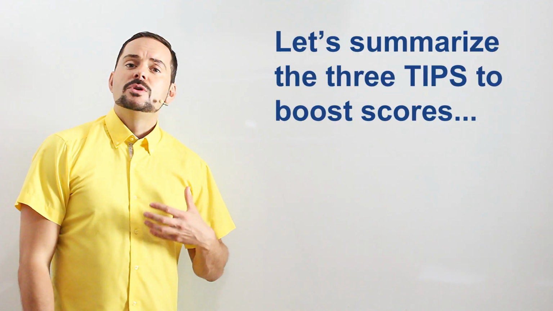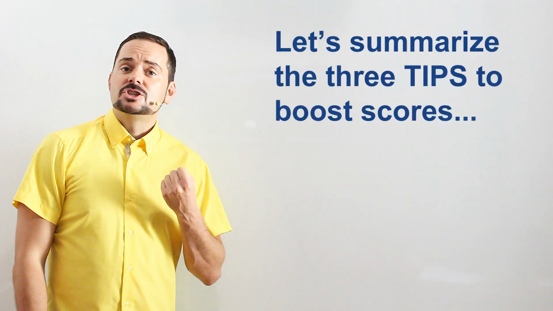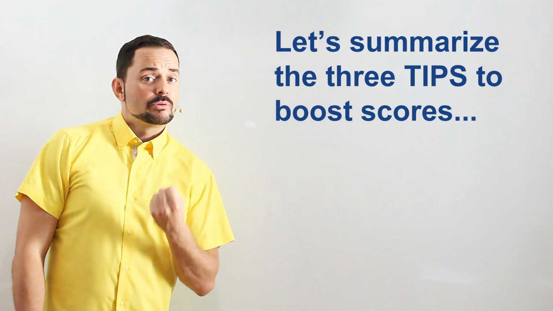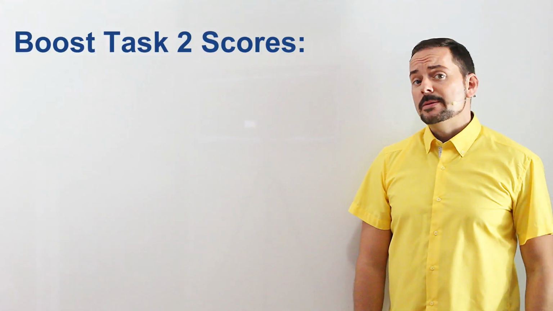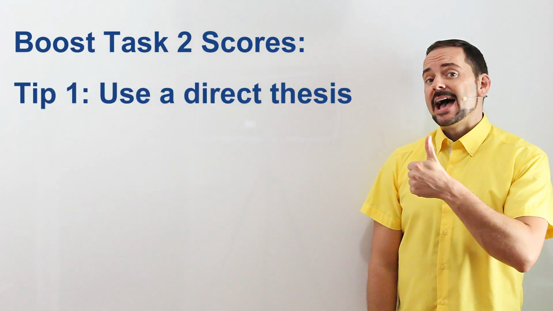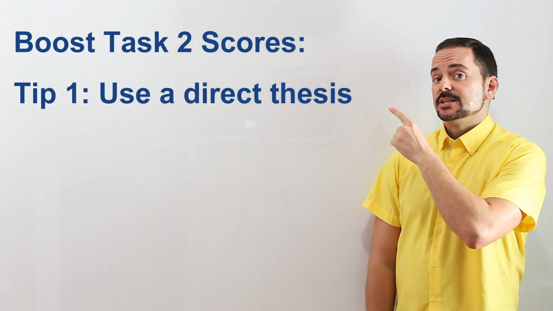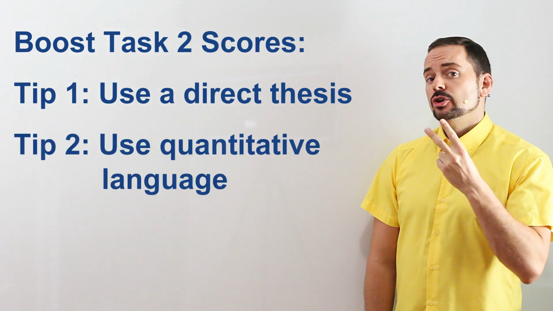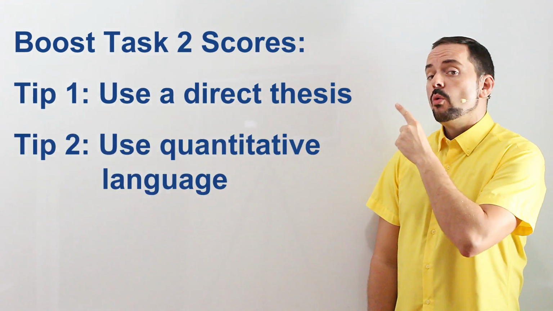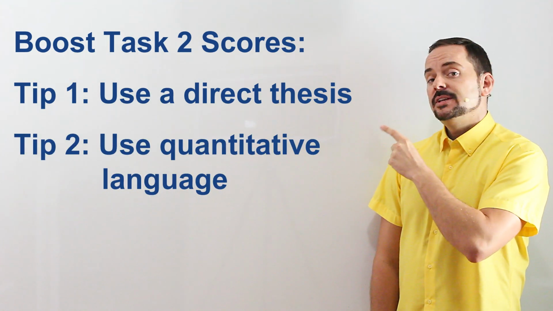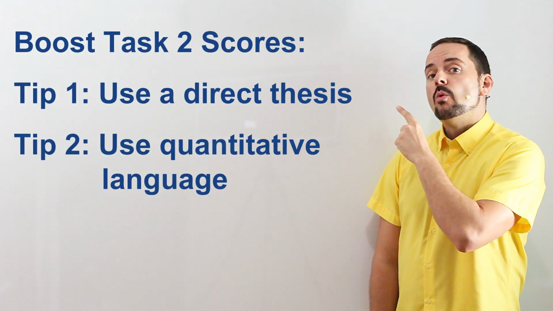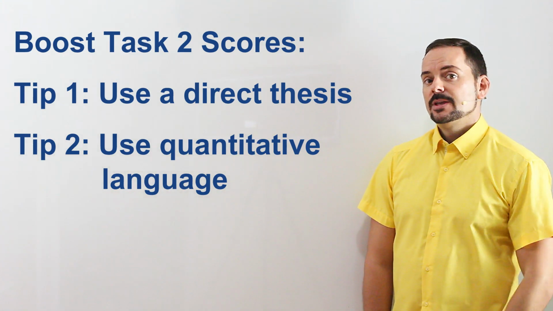All right, so now let's summarize these 3 points and remember to practice them. In order to boost your band score, remember, number 1, have a direct thesis. Number 2, include quantitative information and explain qualitative information with quantitative ideas.